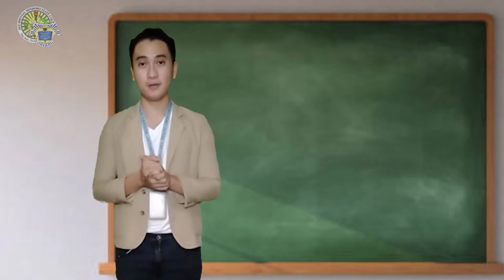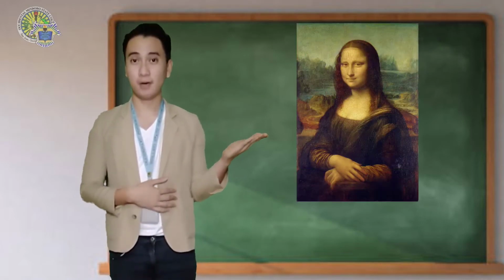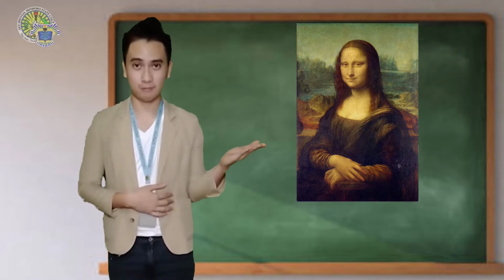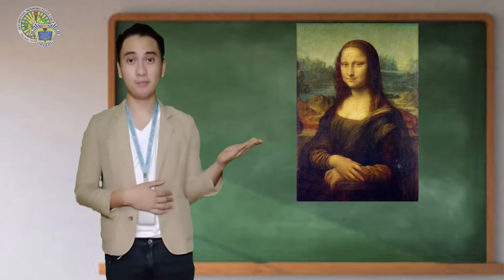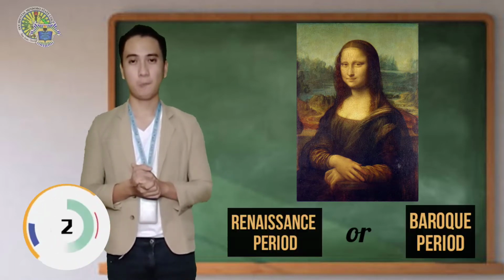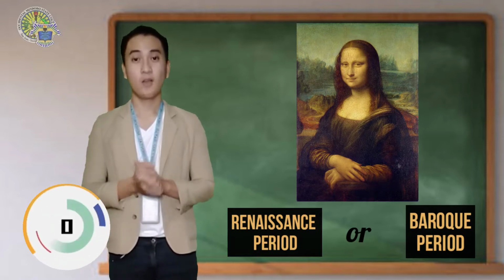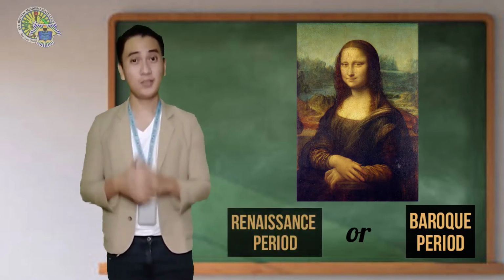Okay, let's start. First picture, Mona Lisa. It is created by Leonardo da Vinci. Can you guess what period it belongs to? Okay, if your answer is Renaissance period, that is right.